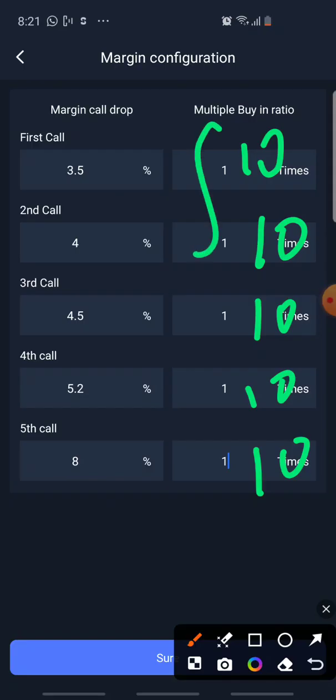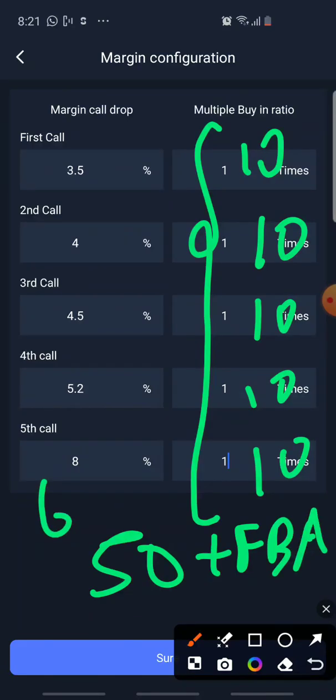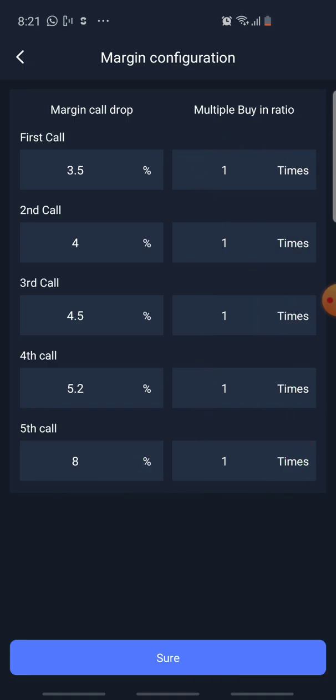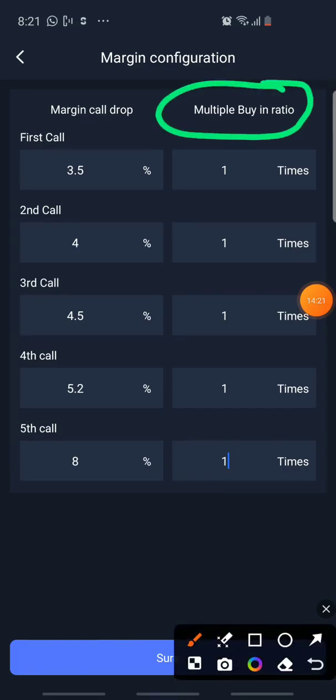These 5 positions mean that if you put 1 and the first buying amount is 10, it will be $50. Now $50 plus the first buying amount becomes $60. I hope the multiple buying ratio is clear.